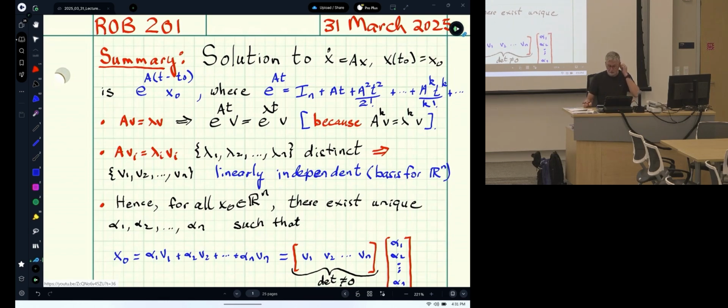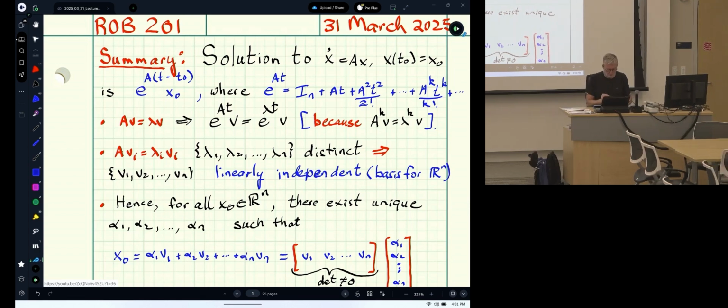And while that looks like a forbidding and foreboding computation to make, it turns out that if you understand the eigenvalues and eigenvectors of the A matrix in the system, then everything just falls apart, because an eigenvector of A is also an eigenvector of the matrix exponential, and the eigenvalue gets transformed into the exponential of the eigenvalue.